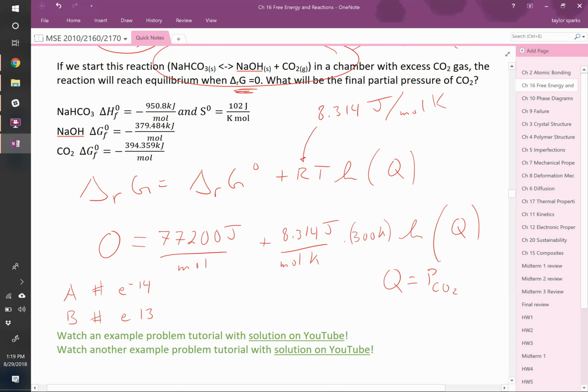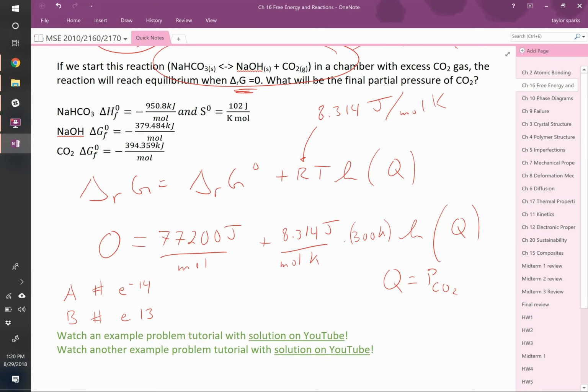Is it a very high partial pressure or a very low partial pressure for this thing to be at equilibrium? What's up?